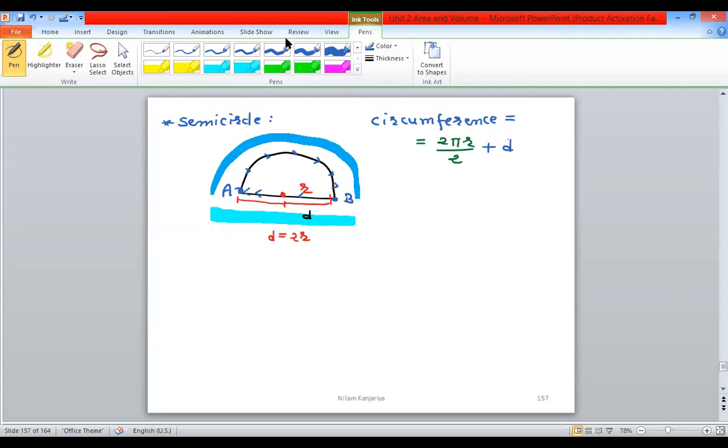The 2 and 2 cancel. If I put the value of d equal to 2r, r is common, it's r times pi plus 2. So student, you must remember the circumference of the semicircle is r(pi plus 2).